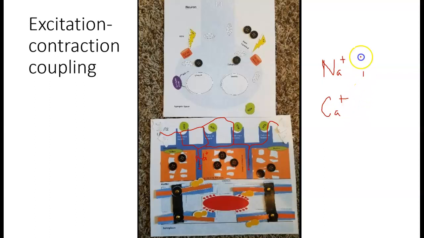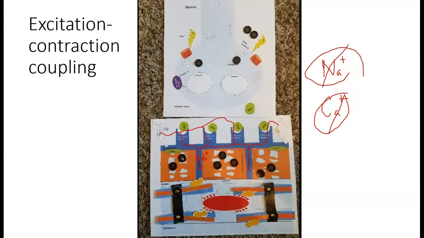They don't like each other. So what's going to happen is one of them is going to leave. Here's my calcium. Remember, these buttons represent calcium. And this is my sodium. My sodium can only stay in these T-tubules. They can't really diffuse out anywhere else. They're sort of stuck in this little zone. But the calcium can leave.